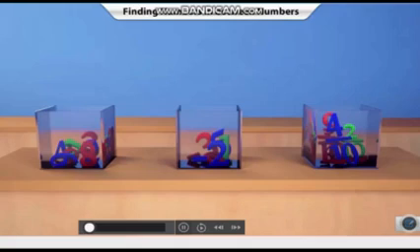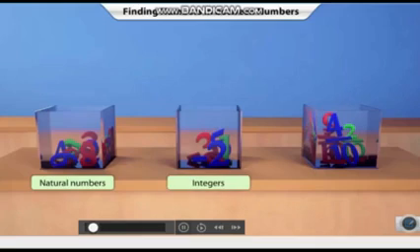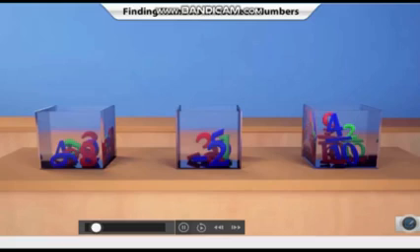Rogan has 3 boxes. First box contains natural numbers, second box contains integers and third box contains rational numbers. He takes out 2 natural numbers, 3 and 7.